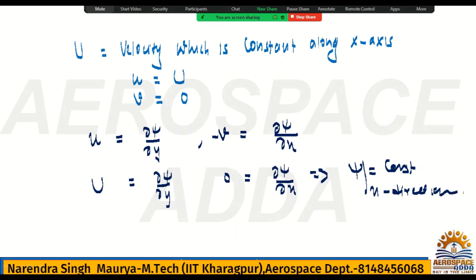I think it is clear to you. And what about this derivative? u is equal to dou psi by dou y, right? Then what will be the value if you integrate it? Simply you will get psi is equal to capital U y.